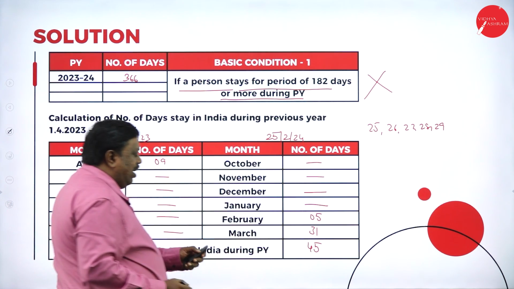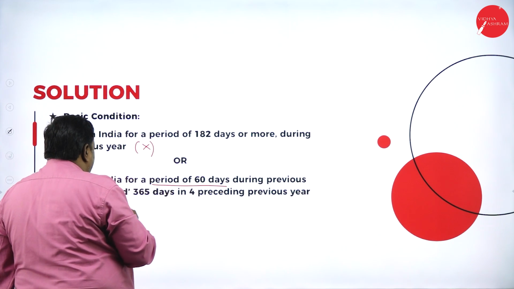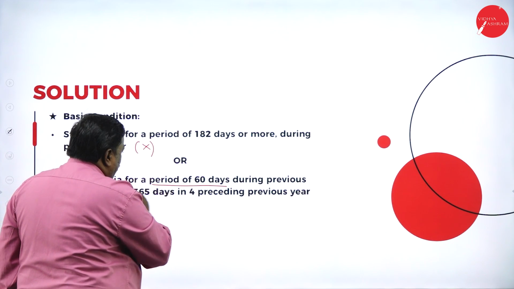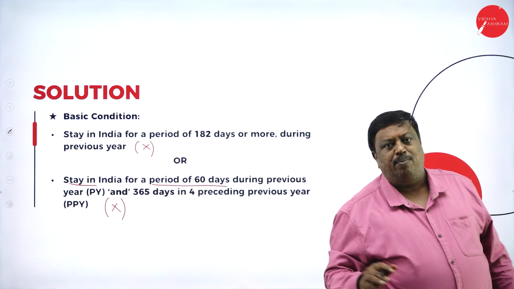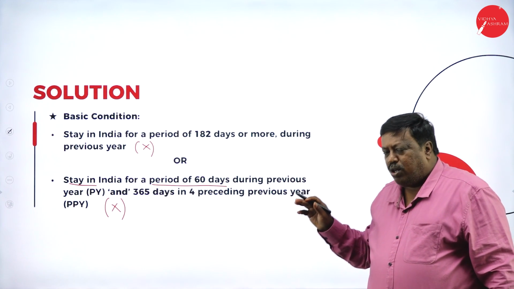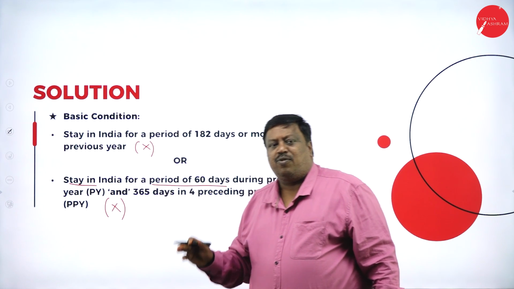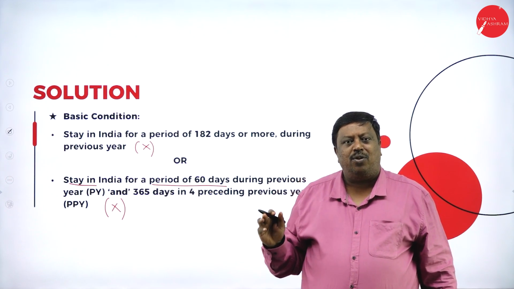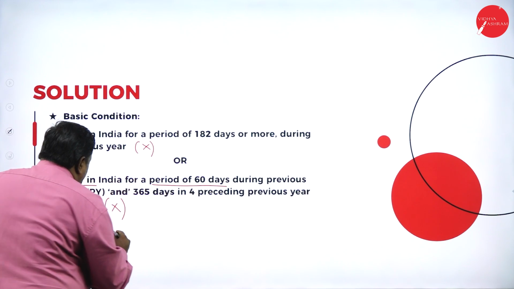But I stayed in India only for 45 days. So I couldn't satisfy both the basic conditions. When I couldn't satisfy both the basic conditions, then automatically my residential status will be non-resident for 2023-24 for income tax purpose. Now, what is the conclusion?